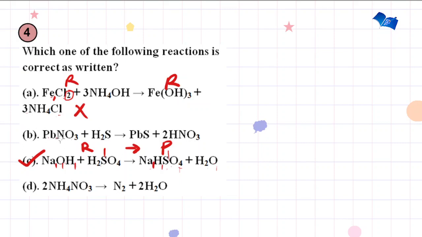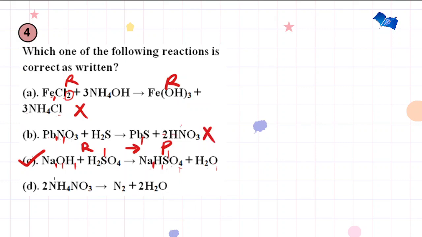Now lead, in the lead nitrate, we have 1 atom, and the lead sulfide, we also have 1 atom. Now let's look at the nitrogen. In the lead nitrate, we have 1 atom of nitrogen, and in the nitric acid, we have 2 moles of nitrogen. So this is wrong.